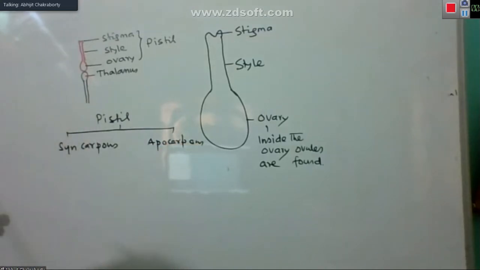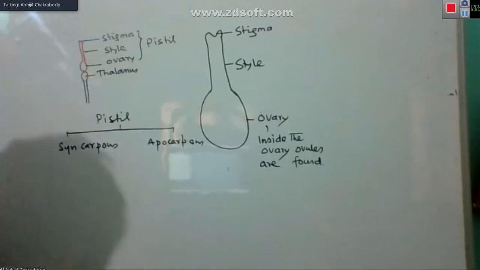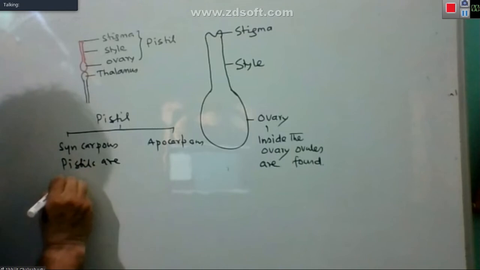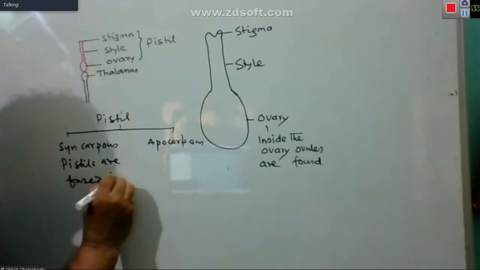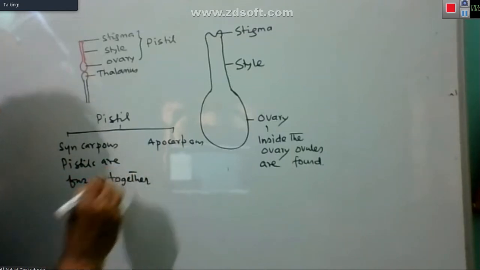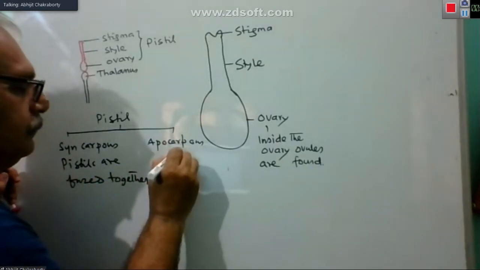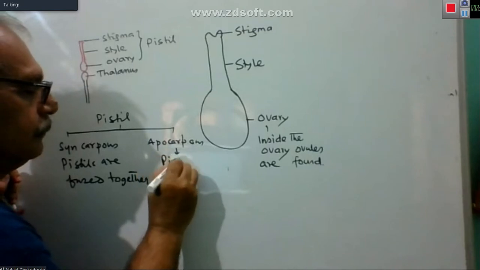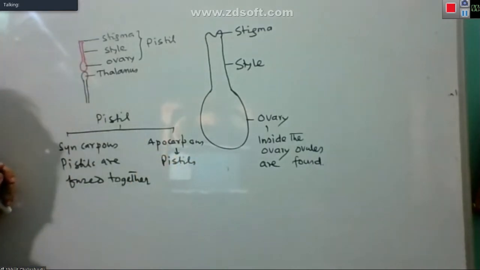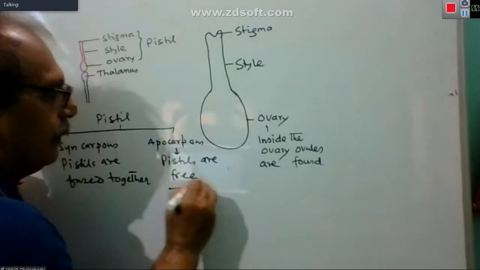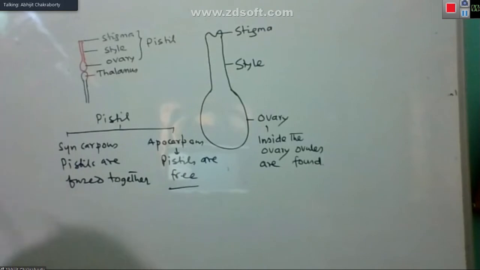In case of syncarpous, the pistils are found to be fused together. If pistils are fused together, then you use the term syncarpous. If pistils are free, then you can call the term apocarpous.